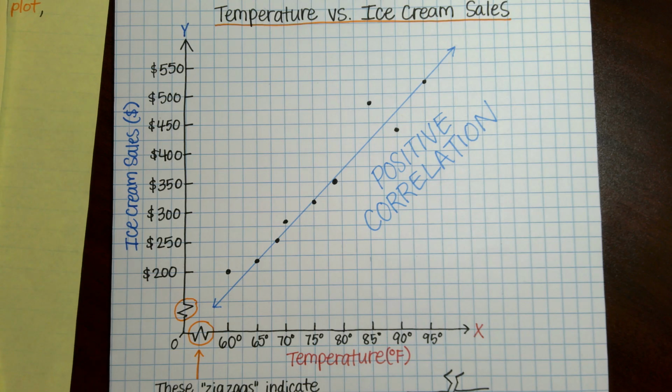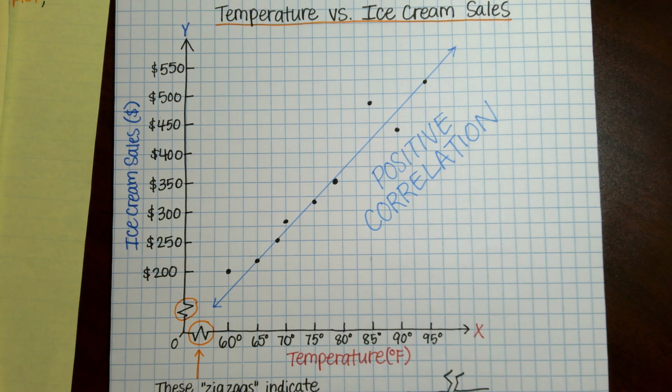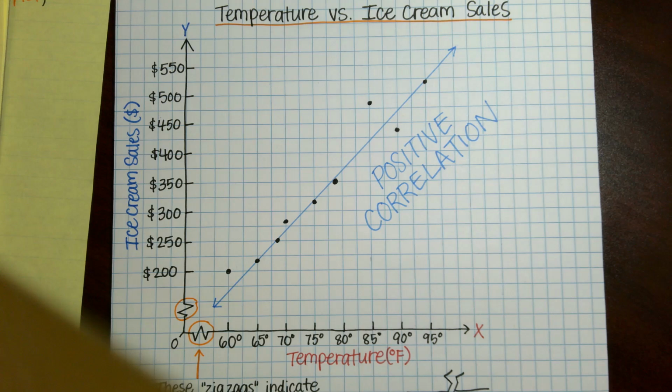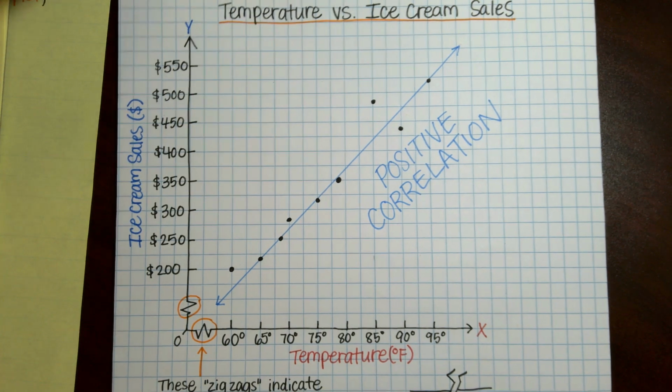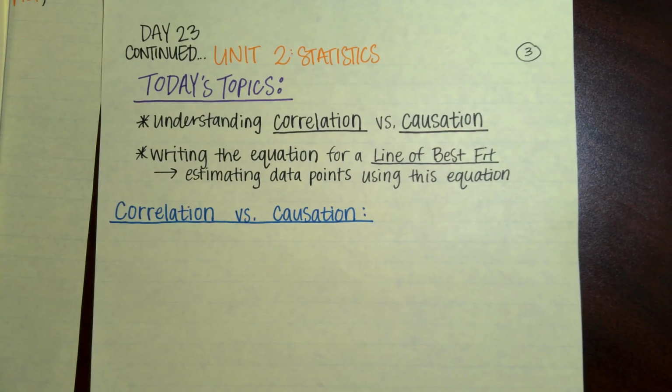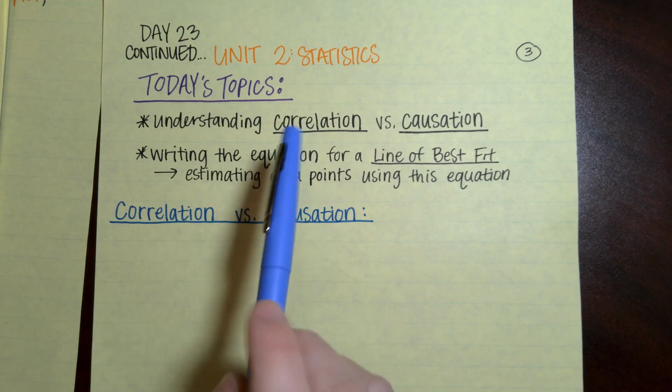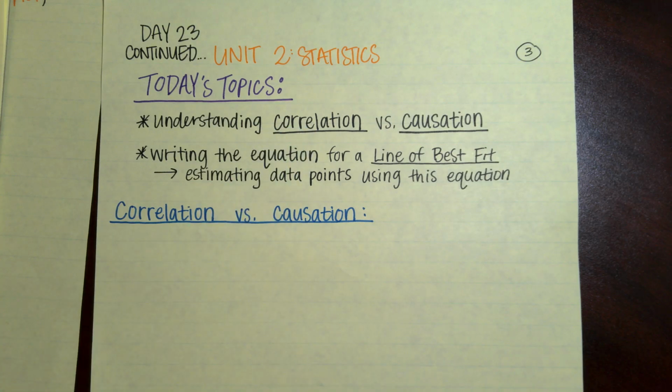All right. Does anybody need more time to copy down what we've got up here on the board? Okay, we are, in that case, going to move on, and we're going to tell you guys what today's topics are, what we're going to talk about today. All right. Today, we are going to learn how to understand the difference between correlation, what we just talked about, and causation, something we'll learn about here in just a moment.